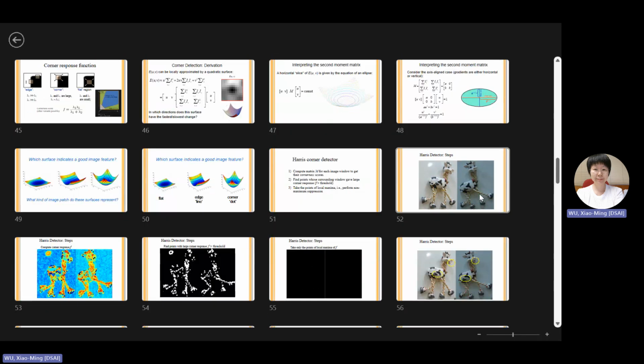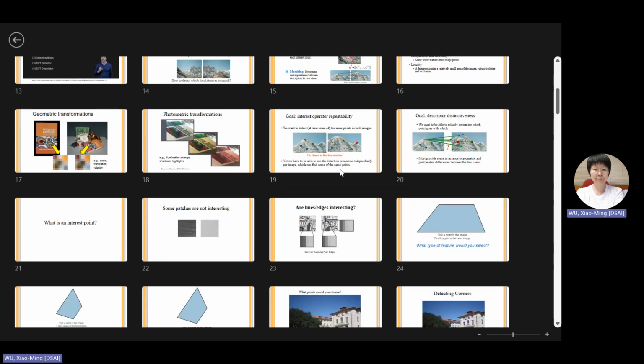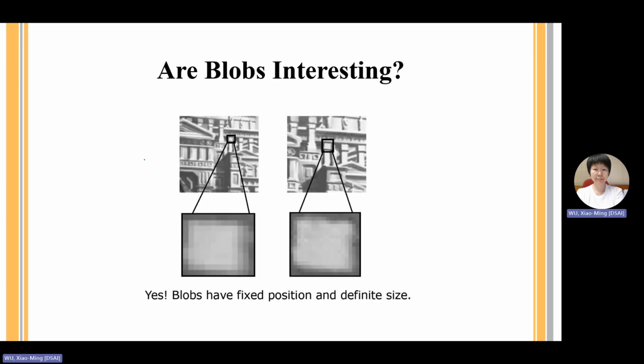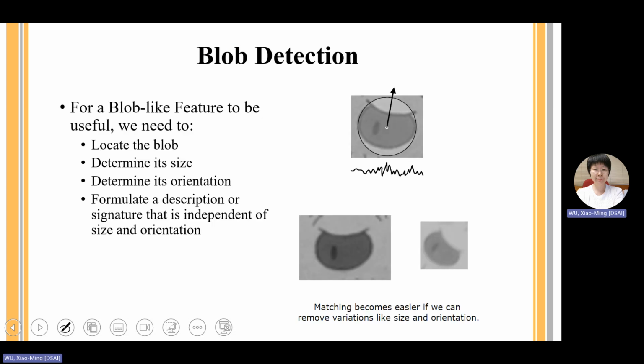Okay. So that's the interest points. That's what we mean by blobs. It's just a local area that is either brighter or darker than surrounding areas.